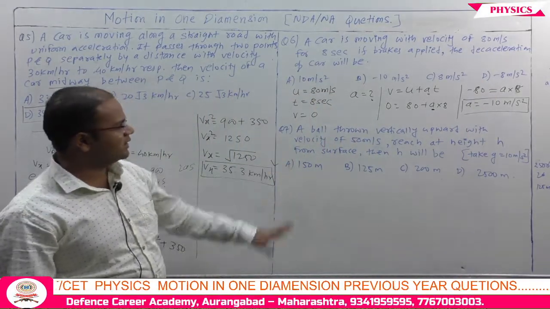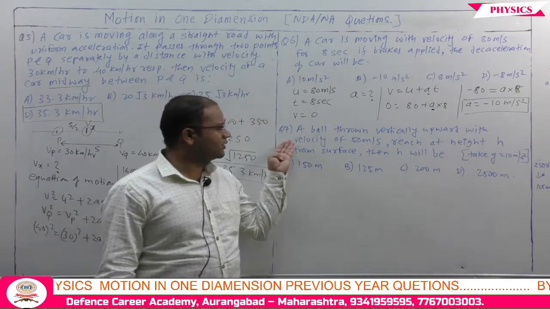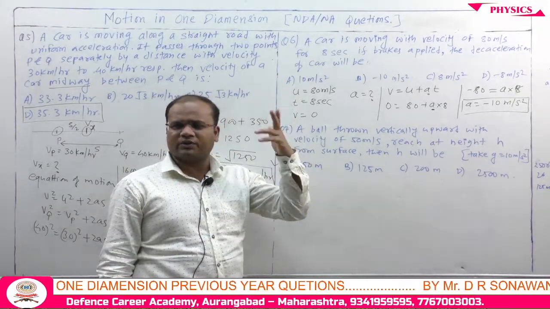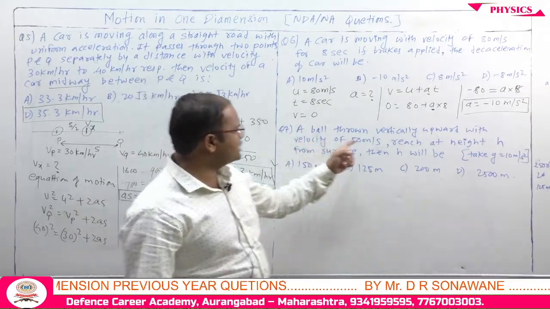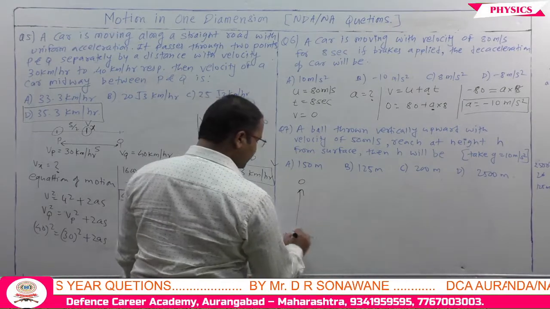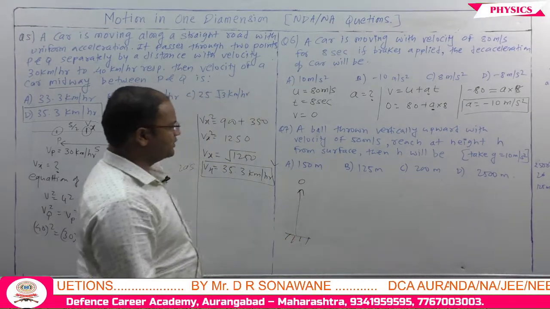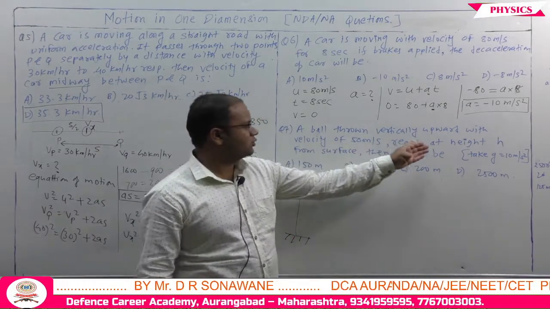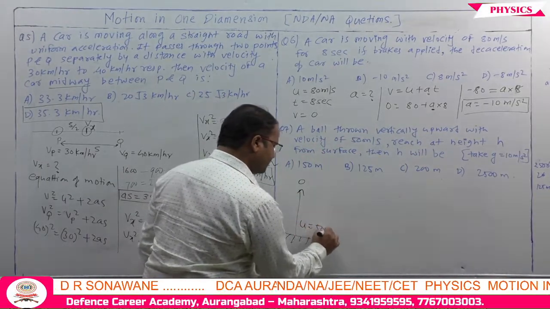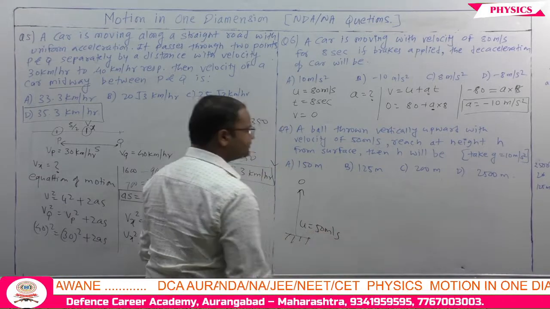Question number 7. This question is given for a vertical linear motion, or motion in one dimension in a vertical type. So here a ball is thrown vertically upward from the surface, they have said thrown with the velocity of 50 meter per second, means u is given 50 meter per second here.